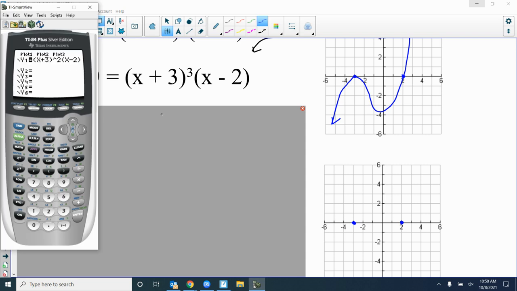So I go y equals, I'm going to change that to a 3. All right. Does it look exactly the same? No, doesn't look anything the same.